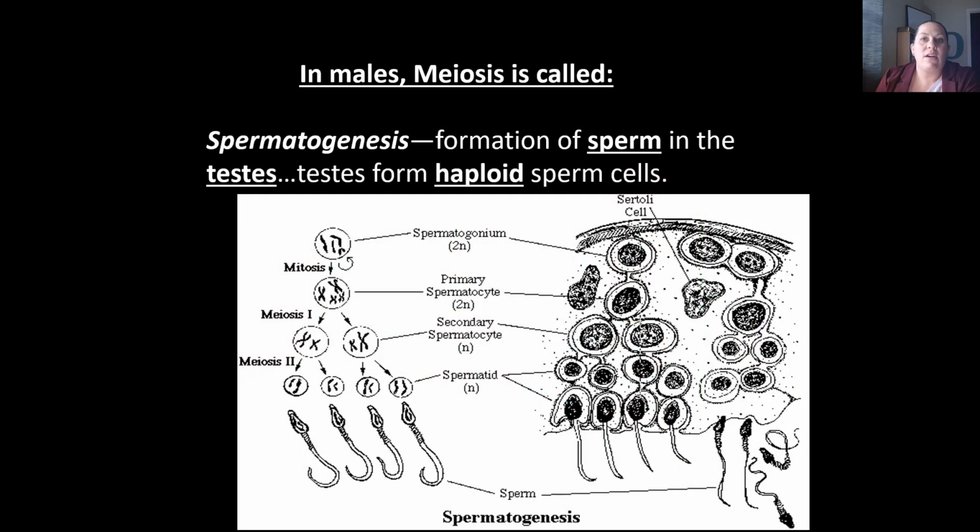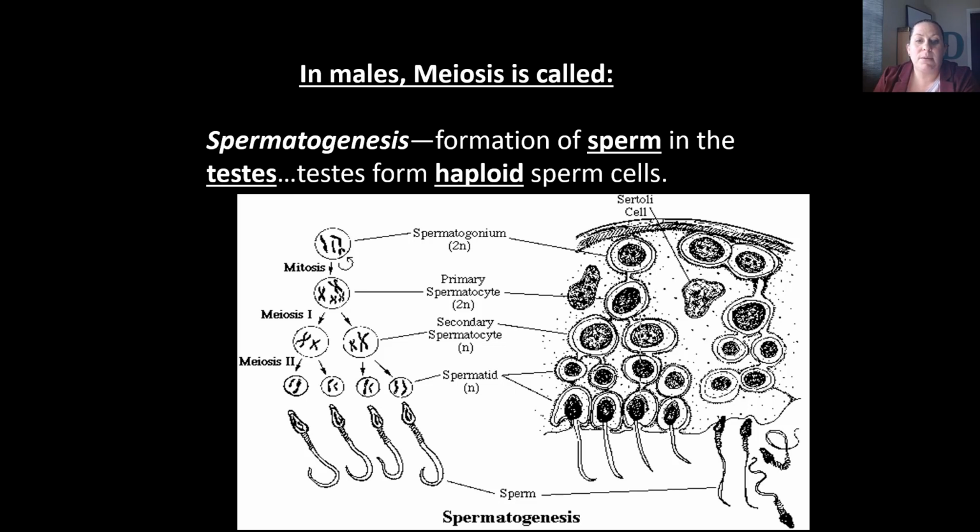In males, this is spermatogenesis, the formation of sperm. It takes place in the testes, and it creates those haploid sperm cells. In this diagram, the cells divide through meiosis I and meiosis II, and at the end of meiosis II, they have half the chromosomes.